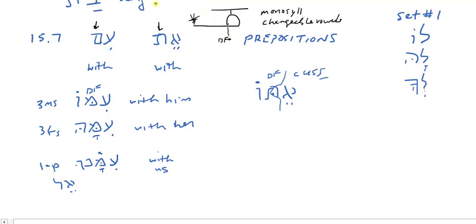So what am I going to do? I have got to convert that long i-class vowel to a short i-class vowel. And what I'm going to get is a hireq here. So let me rewrite this. My tav is here, dagesh forte in the middle. So itto. Itto. That also means "with him." Itta, with her.